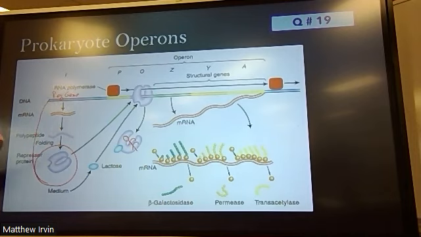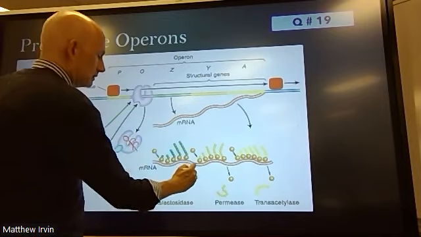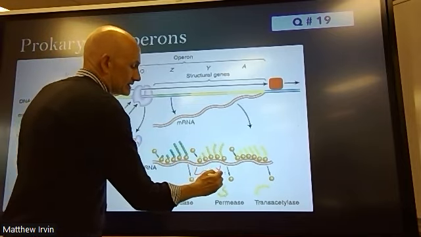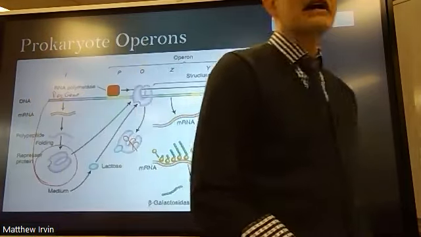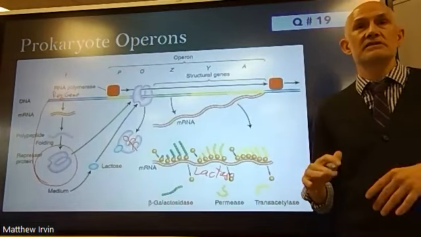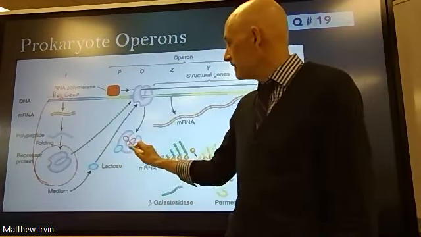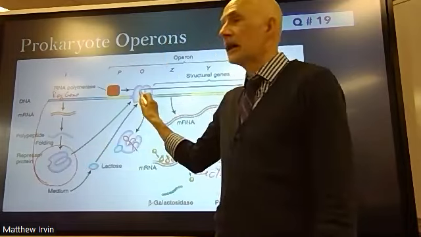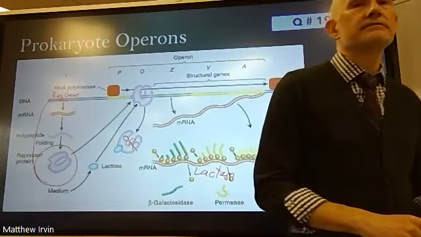So in bacteria, in the presence of lactose, we want to turn the repressor off so we can make lactase to digest the lactose. And then once all the lactose is digested, this turns back on, binds, and we stop making lactase.